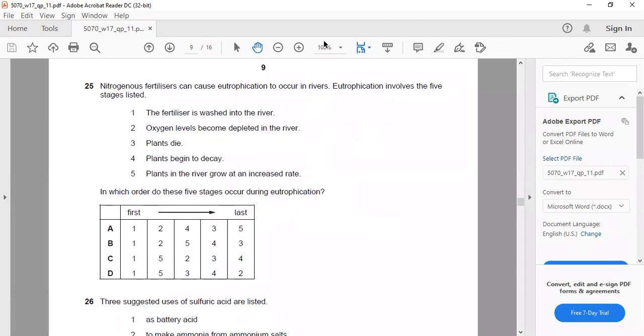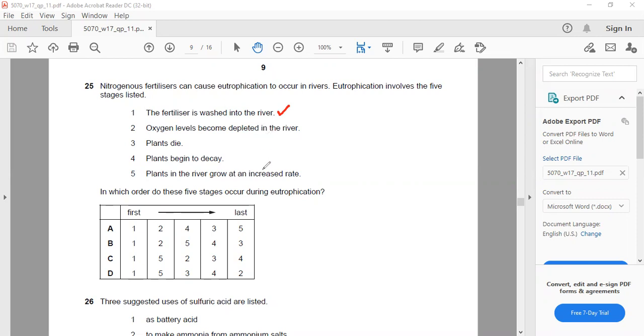25. Nitrogenous fertilizer can cause eutrophication. Okay, what is the order? First, the fertilizer washes into the river. Yes, this is first. Oxygen level becomes depleted.